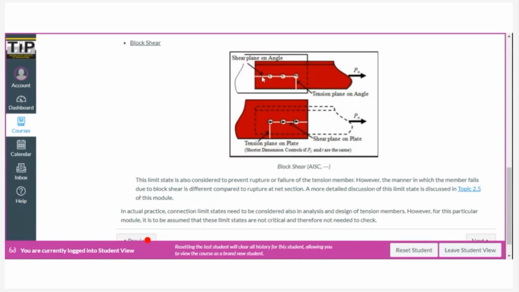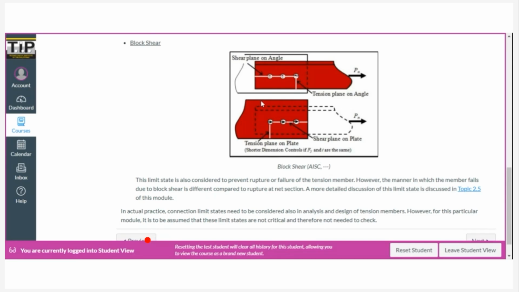Okay? So may shear stresses ka dito, may tension stresses ka dito. So it is a combination of tension and shear. So that's what the block shear is. This one dito, it only showed the block shear at the gusset plate.